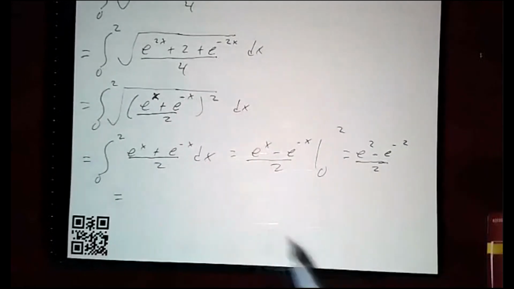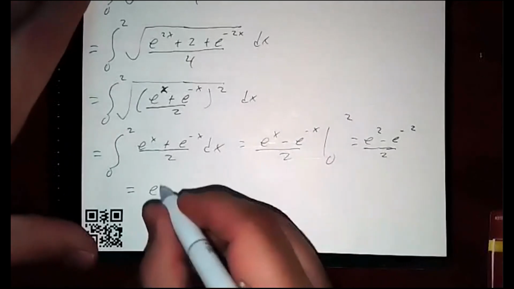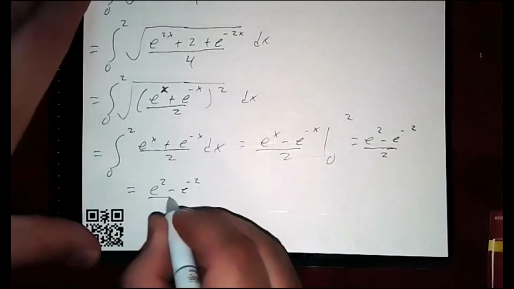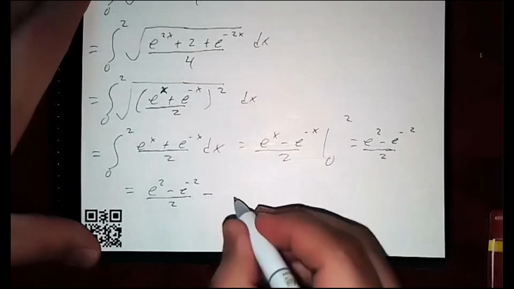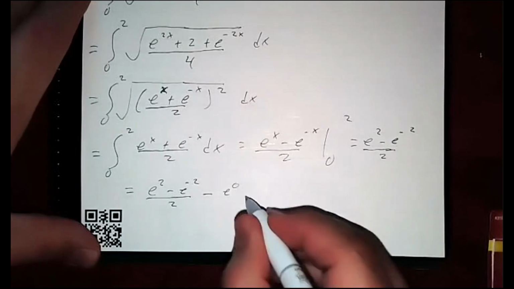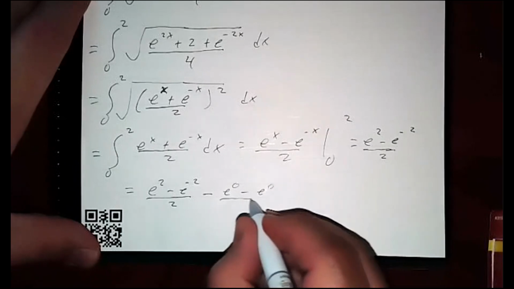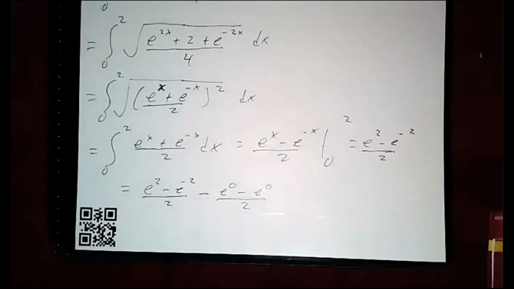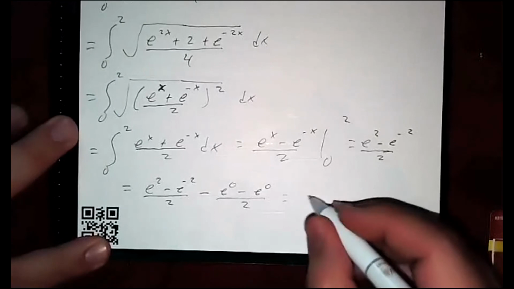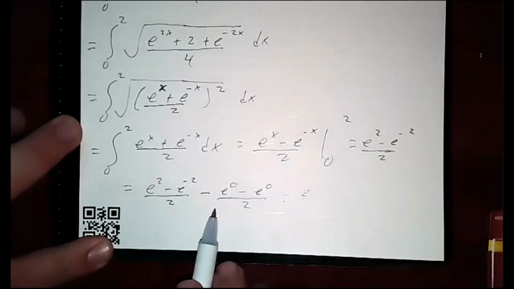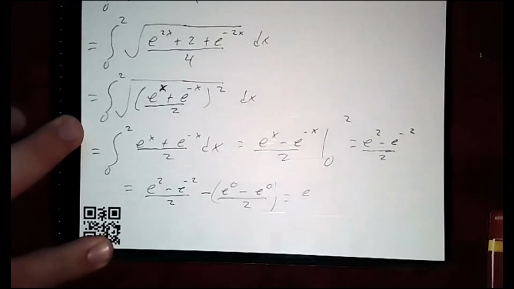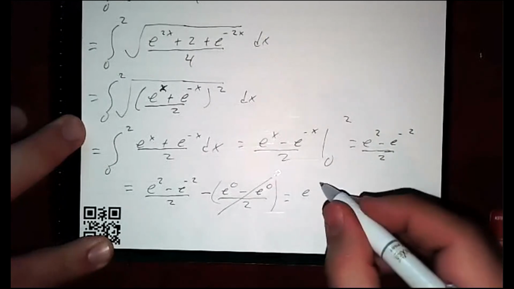I'll do it over here. e squared minus e to the negative 2 over 2 minus this. Which becomes simply, actually it should be like that. This is 1 minus 1, so that's gone. So all we have left is this.